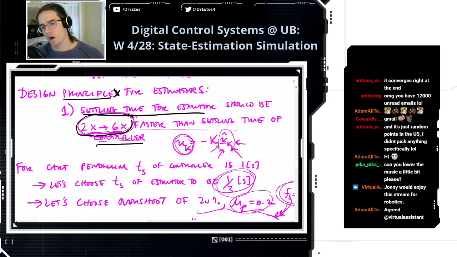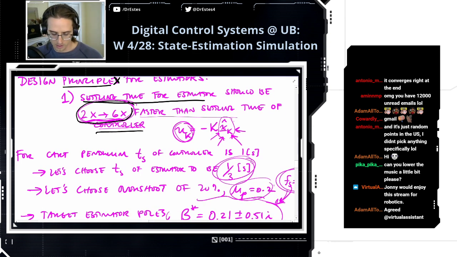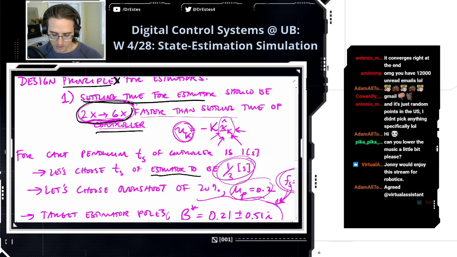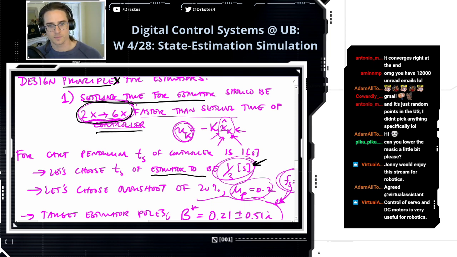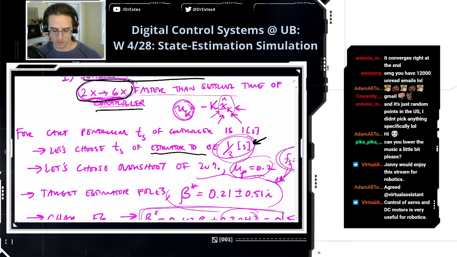Our controller, we want it to balance itself in around 1 second. So I chose, let's have our estimator get those states that we need in like 1/3 of a second. And we also further specified, why don't we have 20% overshoot on there?